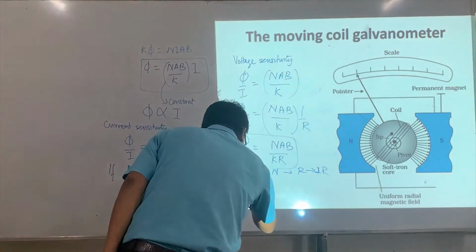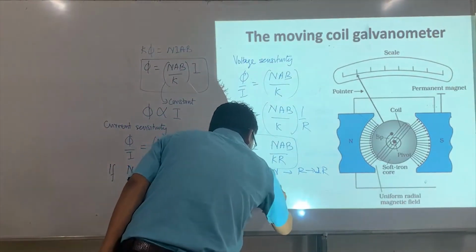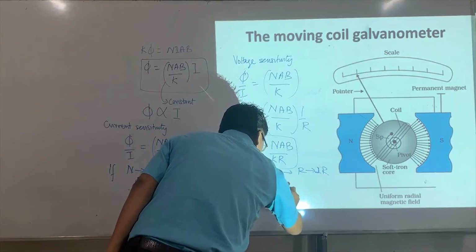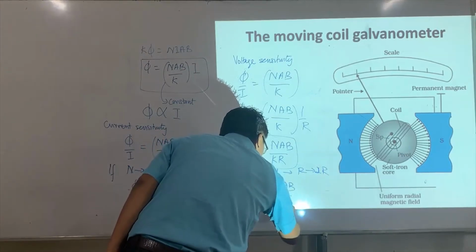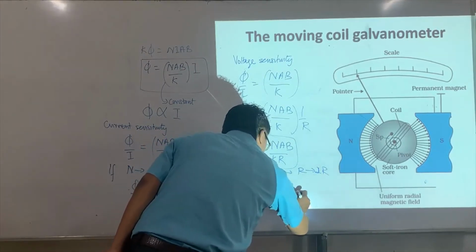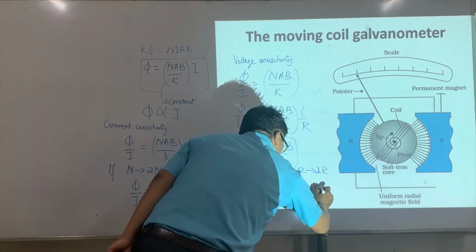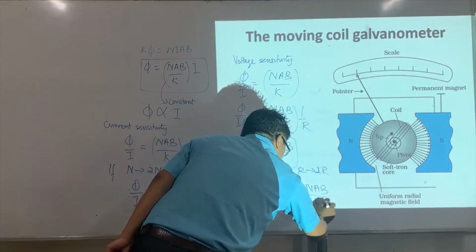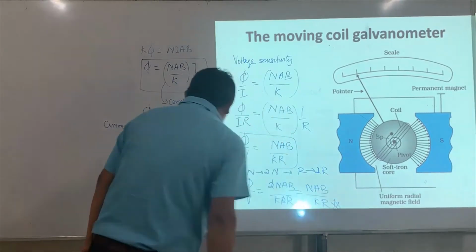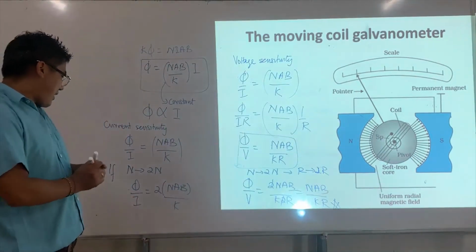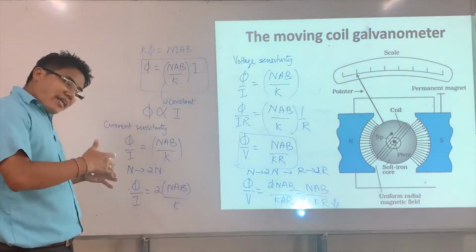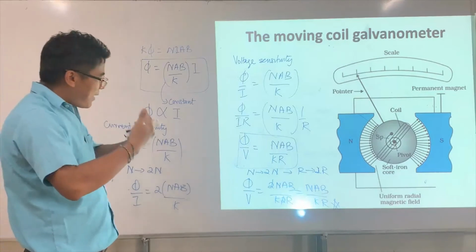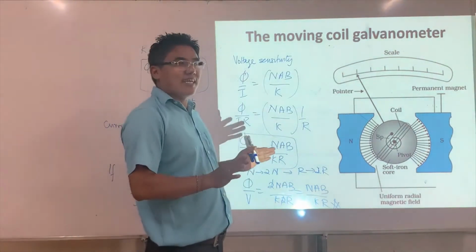So this is the case where current sensitivity is going to increase, but voltage sensitivity does not increase.